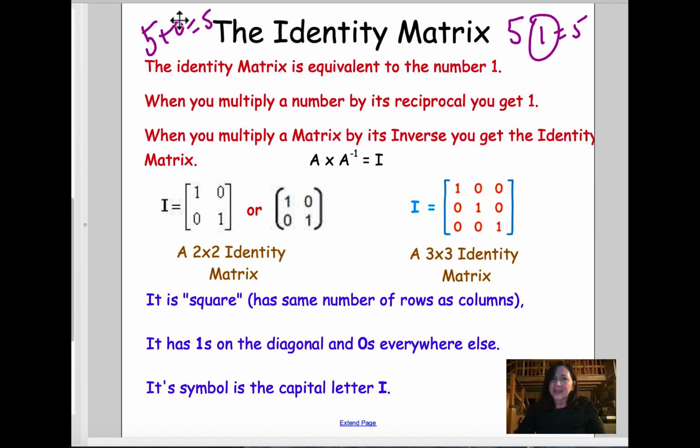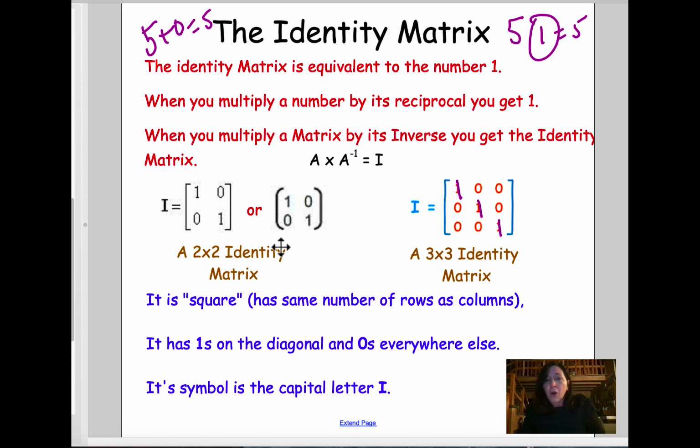So the identity for addition is 0, and the identity for multiplication is 1. So the identity for a matrix is 1, 0, 0, 1, and that's for a 2 by 2. For a 3 by 3, see the ones, they're the diagonals. They just go down like that, and everything else is a 0.